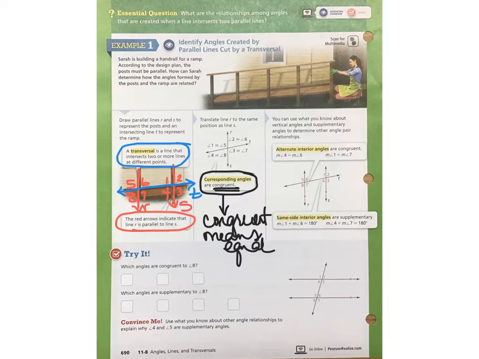So in other words, when I look at the diagram, angles 1 and 5 are congruent angles. Angles 6 and 2 are also congruent. And then we have relationships like vertical angles. So angles 5 and 7 are the same, and angles 1 and 3 are the same because they are across from each other.